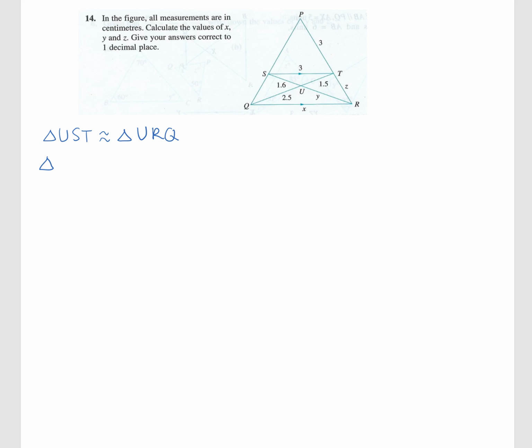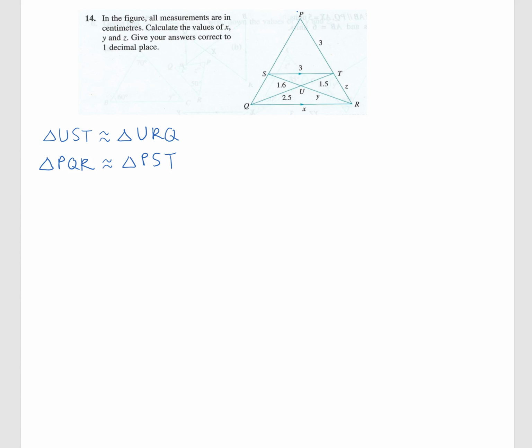So I'm going to say triangle PQR is similar to triangle P again. I'm going to just go in the same order, so PST in this case, because we know that these sides match up for these two triangles.